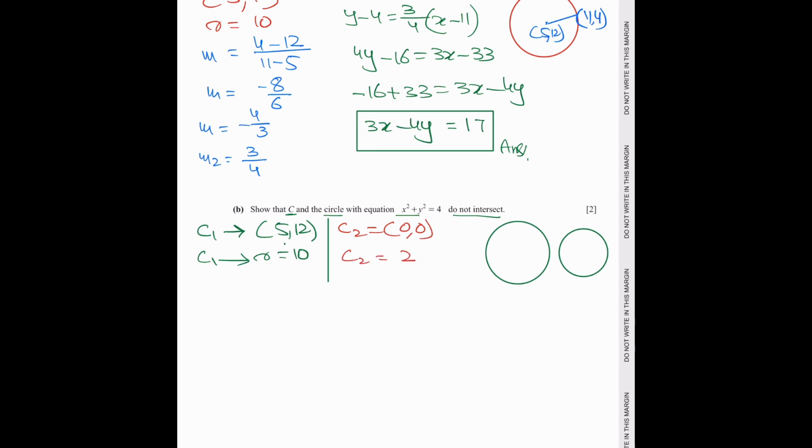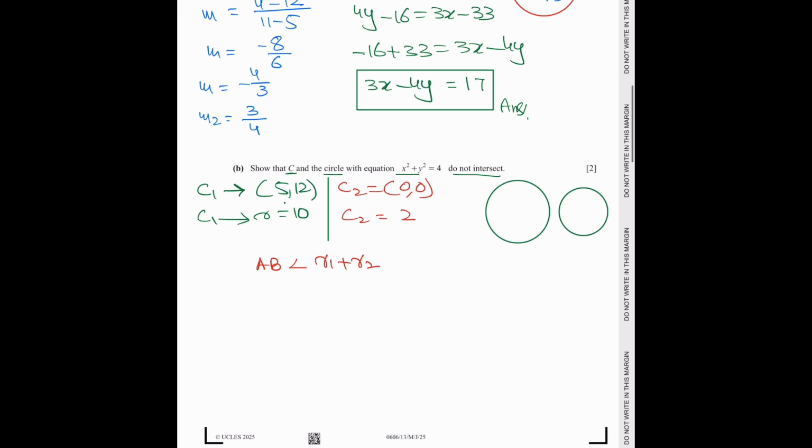So the distance, we will use the concept AB is less than R1 plus R2. So this is the property for the circles in which the two circles do not intersect. So AB means the distance of point A and point B. So this is circle 2 center, this is circle 1 center.